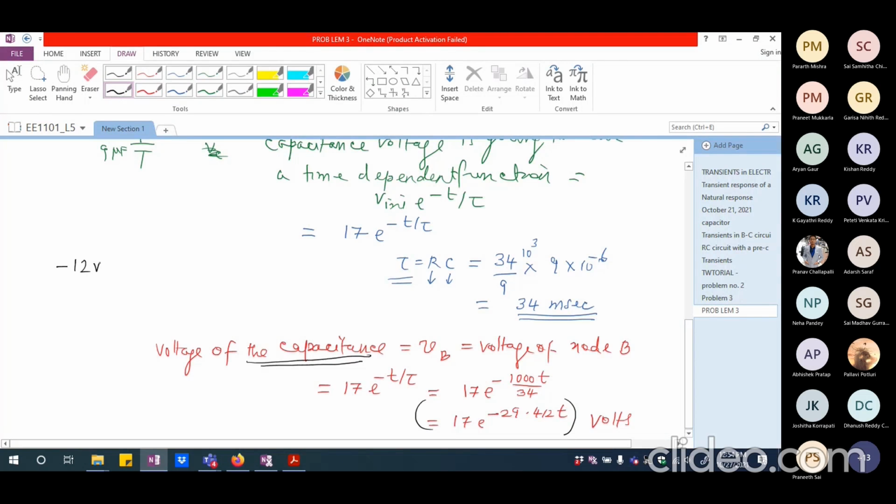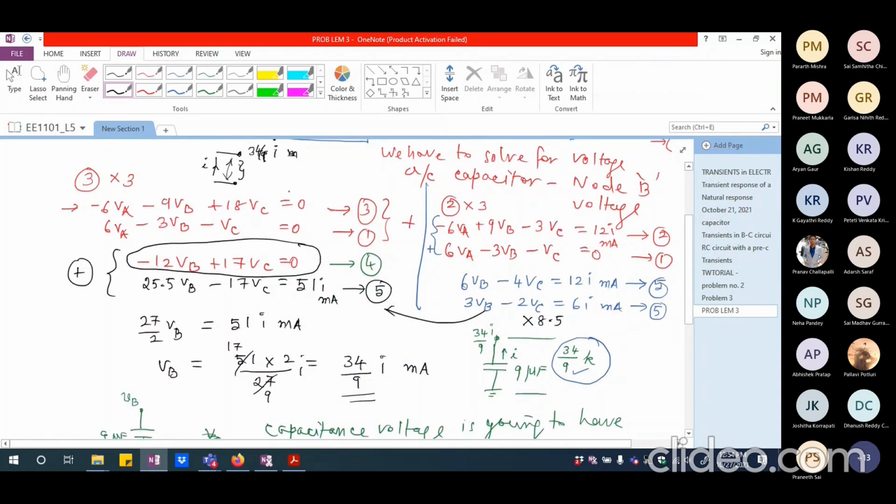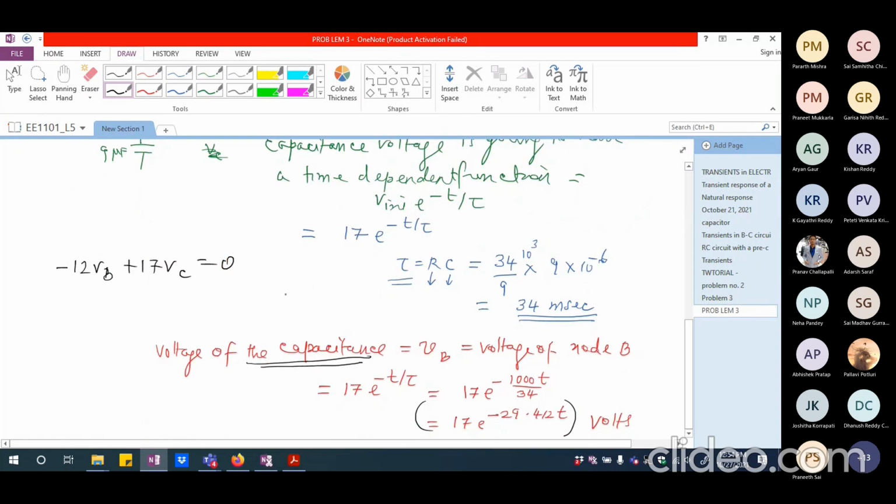That was equation number 4. So I'm going to use this equation. So I can say 17 VC equal to 12 VB. And VB happens to be the voltage across the capacitance.